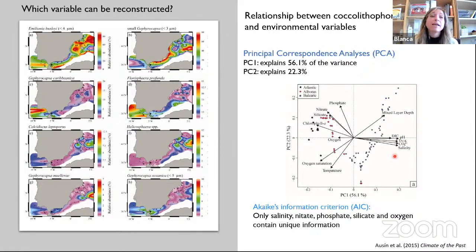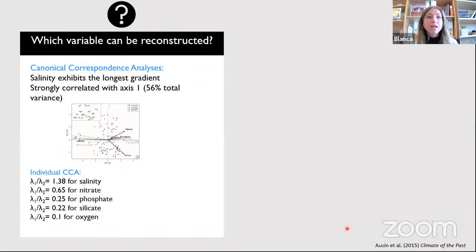So for this, we applied a statistical analysis called Akaike's information criterion, which was used to identify the minimum number of variables that, being statistically significant, explain the maximum variation in the modern coccolithophore assemblage. These were salinity, nitrate, phosphate, silicate, and oxygen. But we can only reconstruct one variable, right? So we need to keep looking.